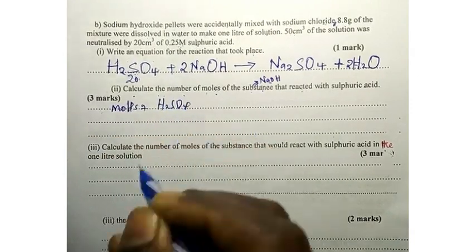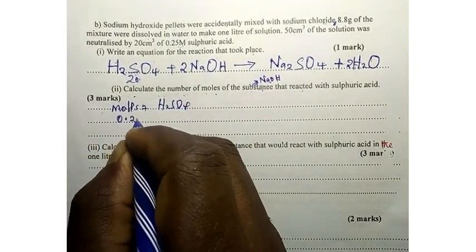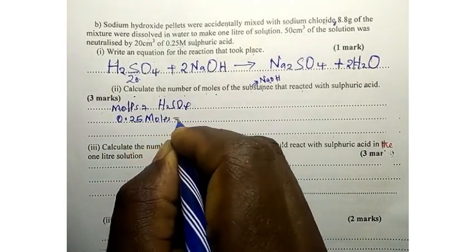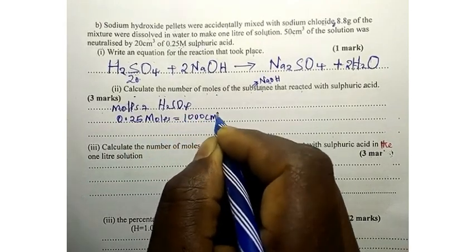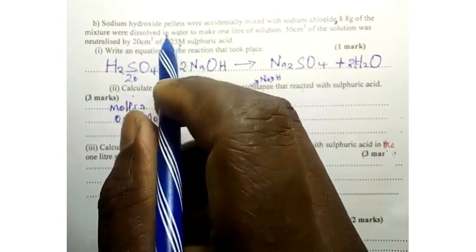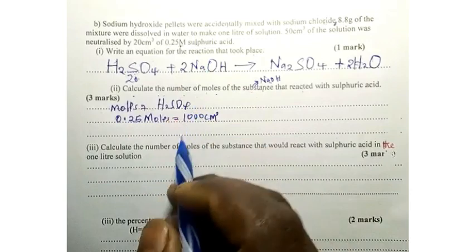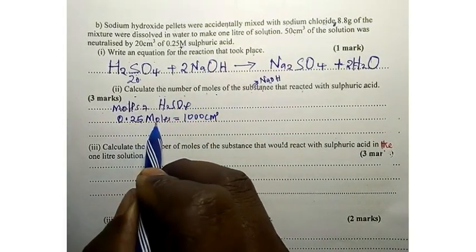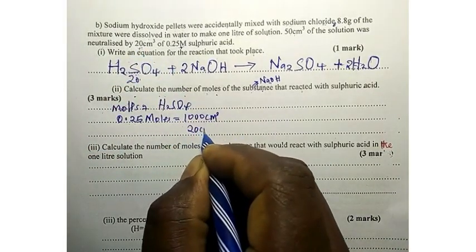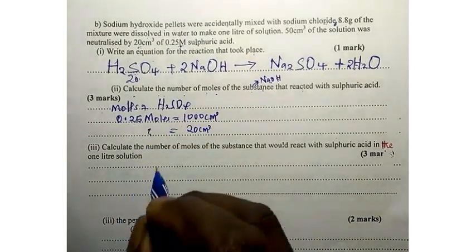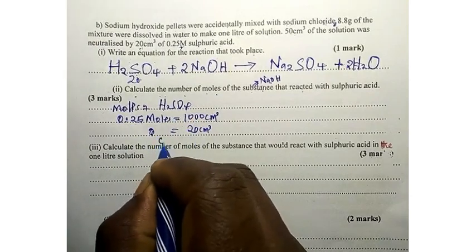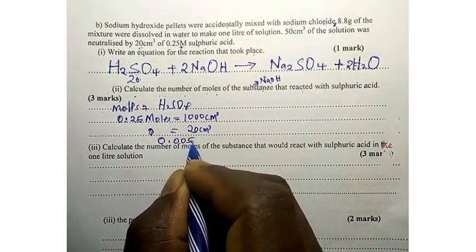That's what we know. 0.25, capital M, stands for moles in 1,000 centimeters cube, because this is molarity, and I have said that it is the number of moles in 1 liter. So 0.25 moles are in 1,000. What about 20 centimeters cube, the one that was used? 20 centimeters cube would give us how many moles? So 20 times this divided by this will give us 0.005 moles.